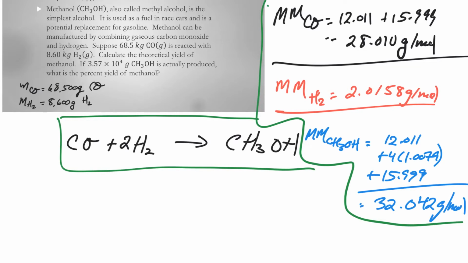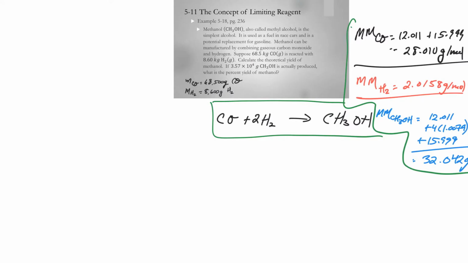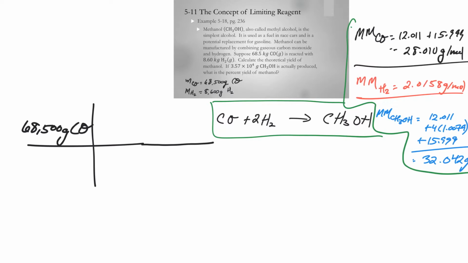We don't know what the theoretical yield is, we don't know what the limiting reagent is, so let's actually figure that out. We have 68,500 grams of carbon monoxide. Let's figure out how much methanol should be produced if that carbon monoxide is used up.